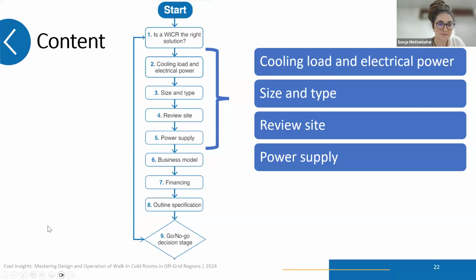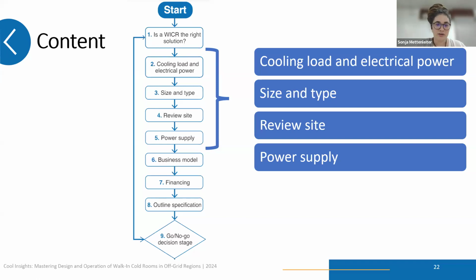Next slide, please. So here we see again that flow chart. It's a bit adapted from the one that Jakub had, but it has the same content. So the first question is a walk-in cold room the right solution, which Arpana gave some really good insights to make that decision.